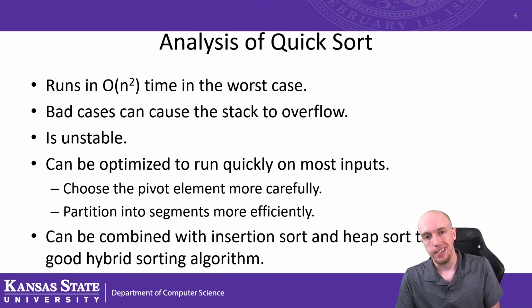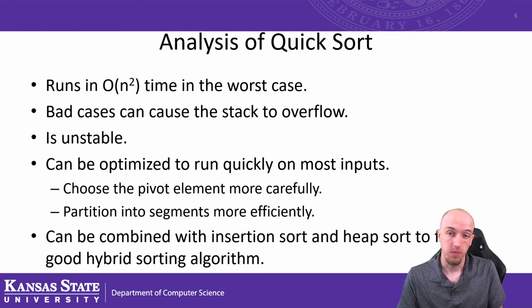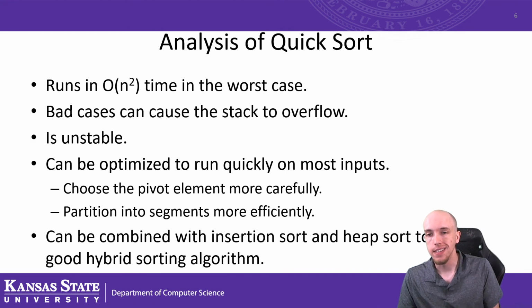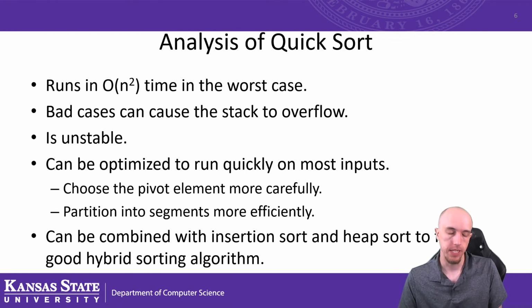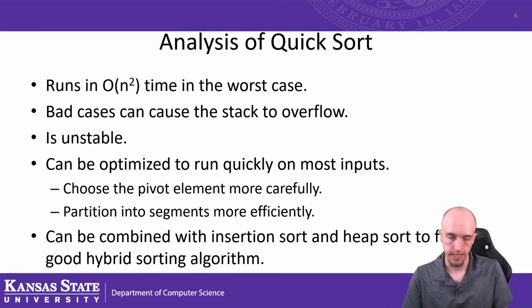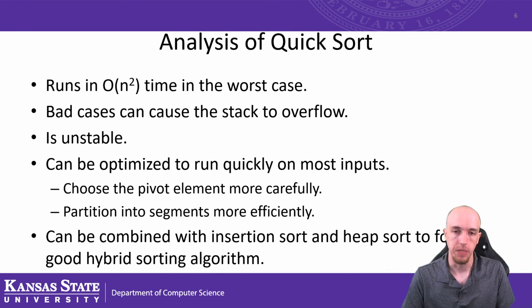So quicksort is also not very stable, but that doesn't impact the use of it much unless you're not sorting value types. If you're sorting custom objects that require multi-key comparison, things like that, quicksort has to be modified to be more stable. Overall, though, we can actually optimize our quicksort to be pretty good for your average case.